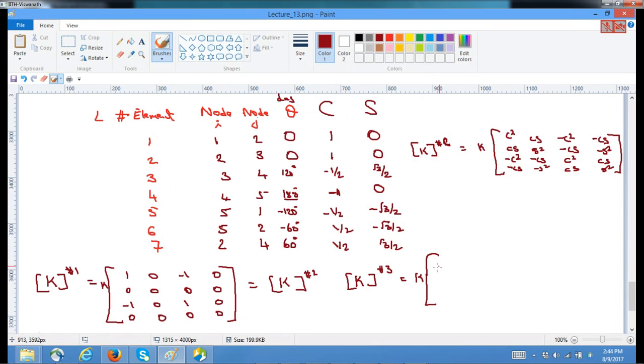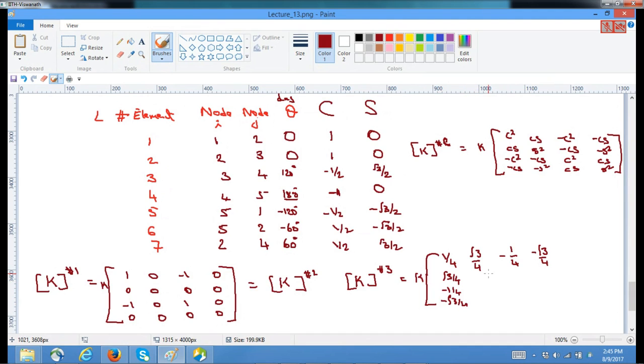So C square would be 1 by 4 and CS would be minus root 3 by 4. Similarly, this is equal to root 3 by 4, minus 1 by 4 and minus root 3 by 4.